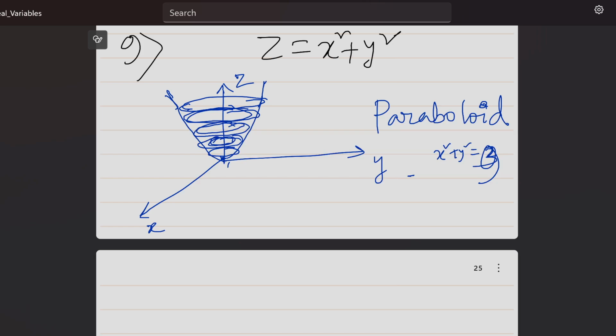So you have to do the parameterization of this. For the circular part, you will do x equal to r cos theta, y equal to r sin theta, right? And what about z? z is x square plus y square, that means r square. That is the parameterization.